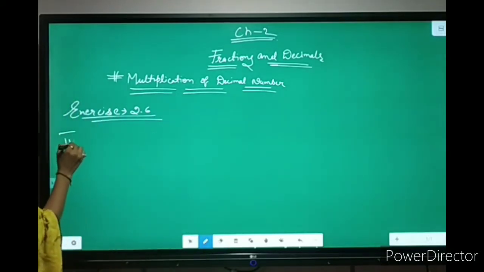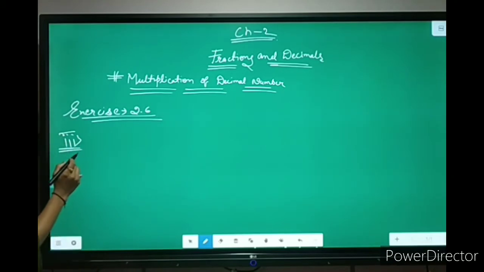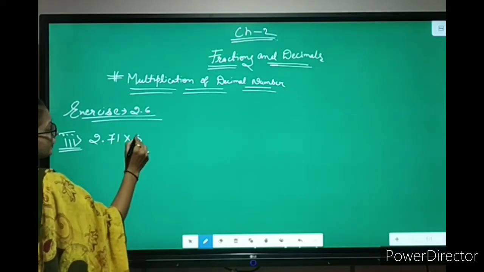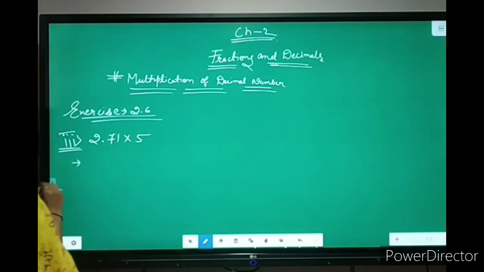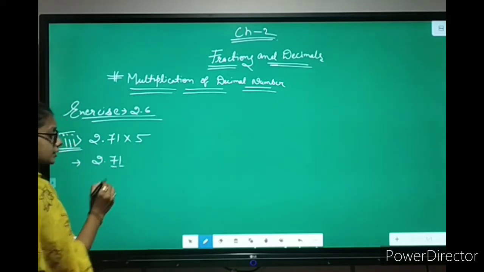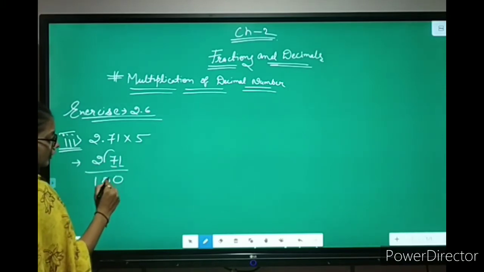Next question, question number 3: 2.71 multiply by 5. In 2.71 there are two digits right of the decimal point. So denominator is 100.